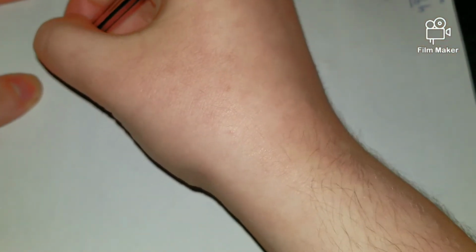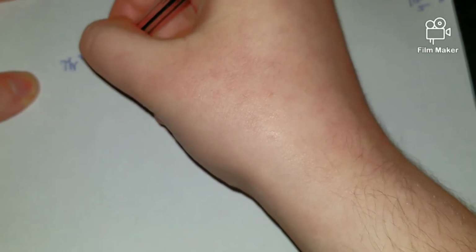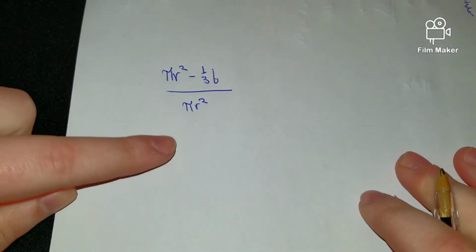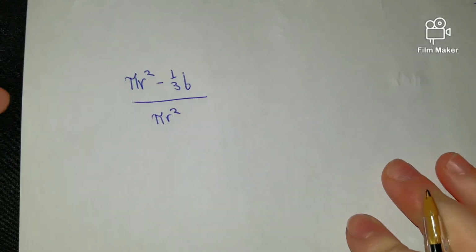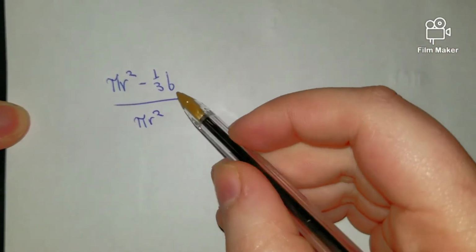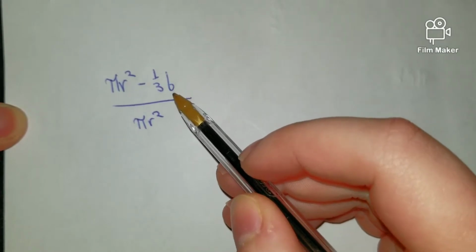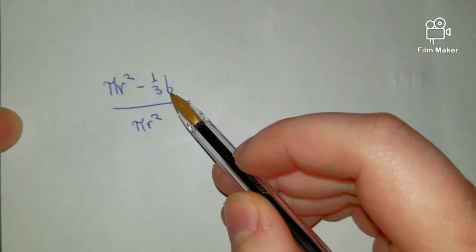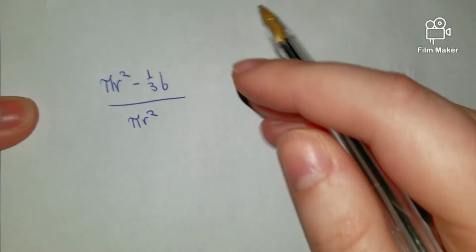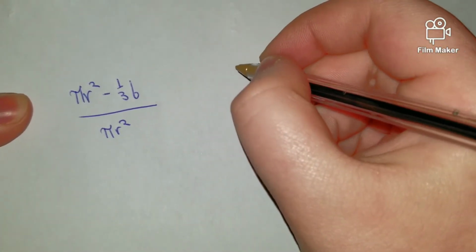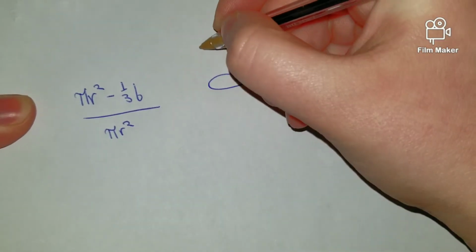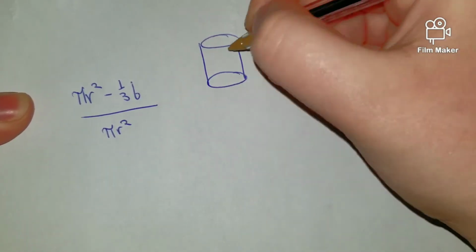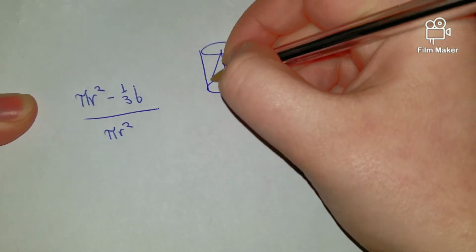So where Sachi left us off is that we have this expression left over: pi r squared minus 1/3 of the base, all over pi r squared. Now, because we know that the base is one of the circles from the cylinder, I can redraw it here for you. Here's a quick sketch.